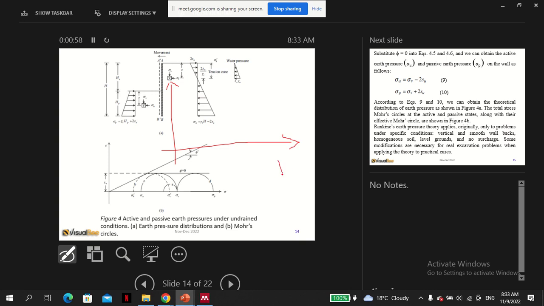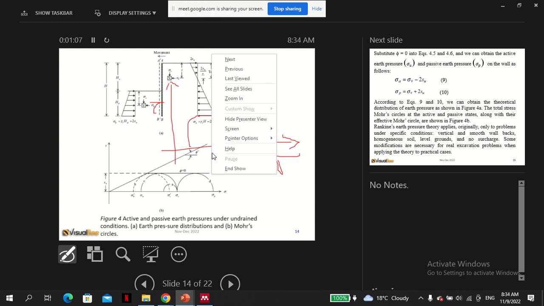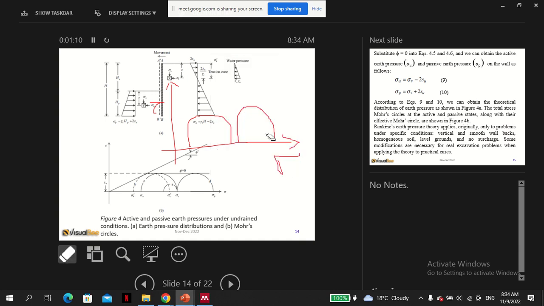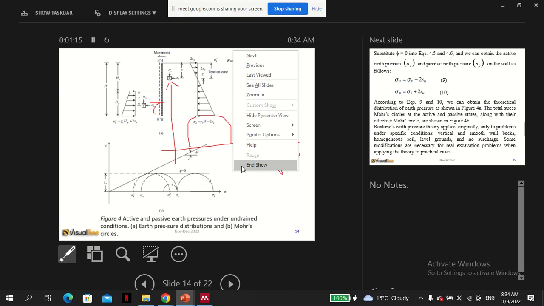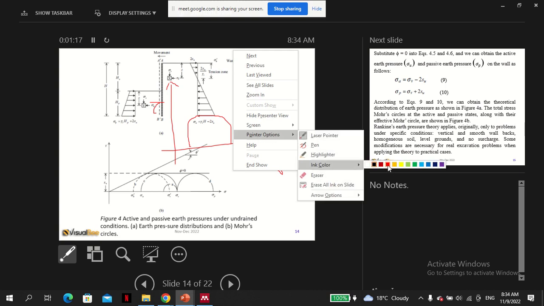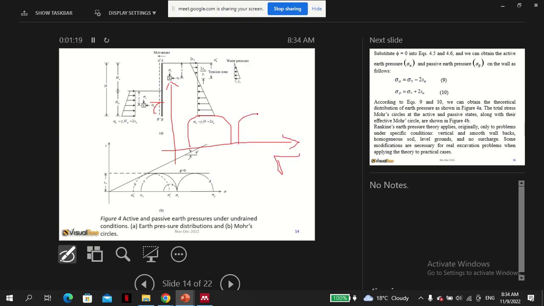So this is sigma, and we're talking about total stress parameters. We usually assume, so that we don't bother with phi, that this is Su, and the phi u here is assumed to be 0.